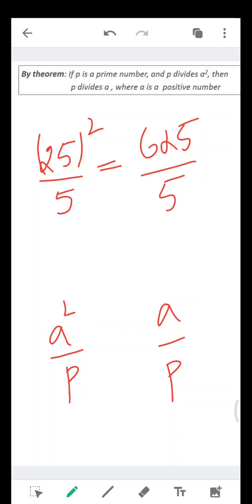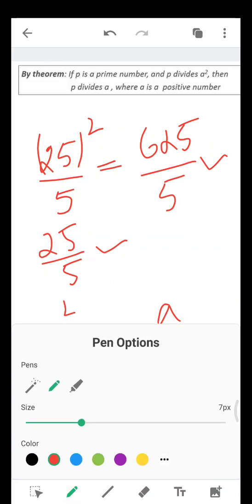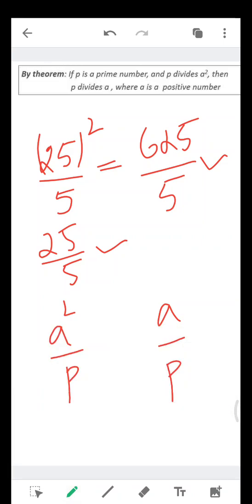That is, if 25 square, that is 625, is divisible by 5, then 25 is also divisible by 5. Both are true. So in place of a I have taken 25 here and our p value is 5.